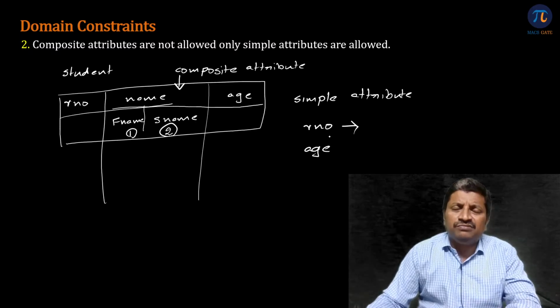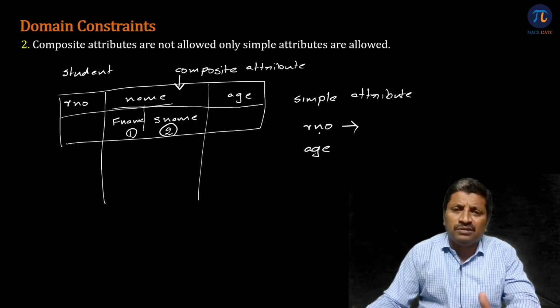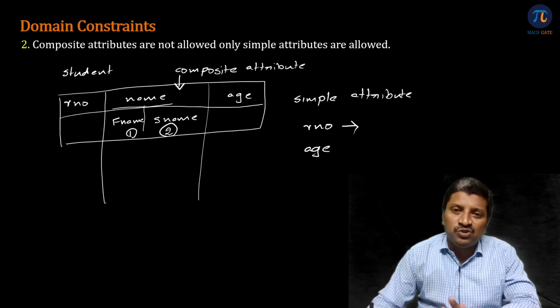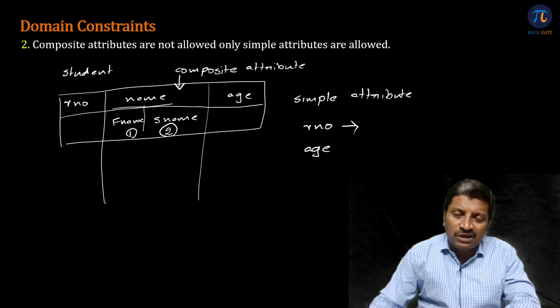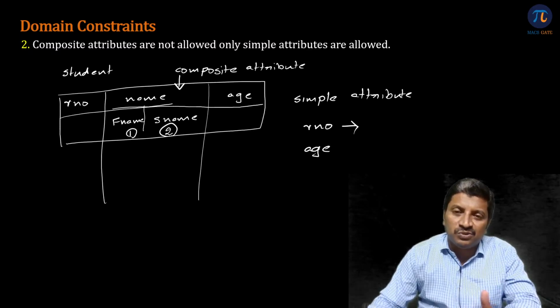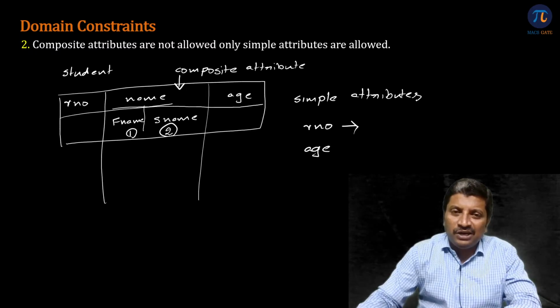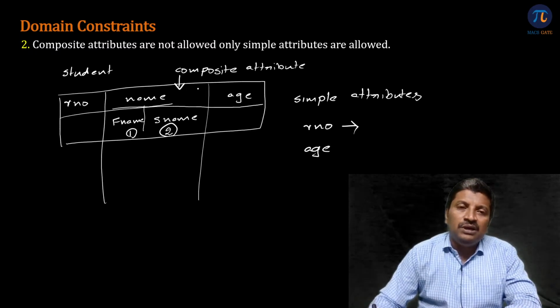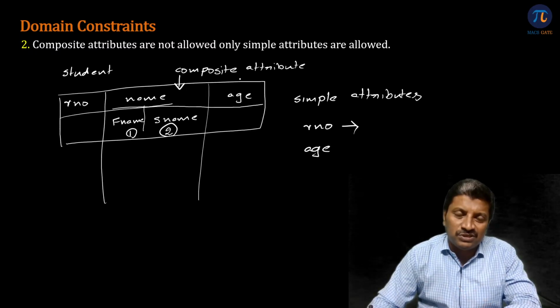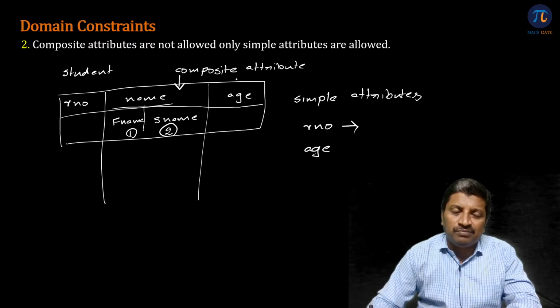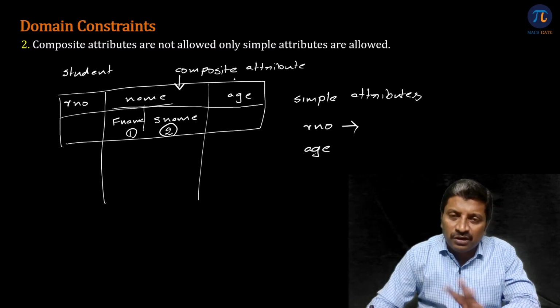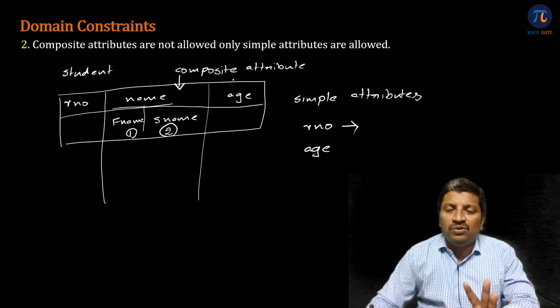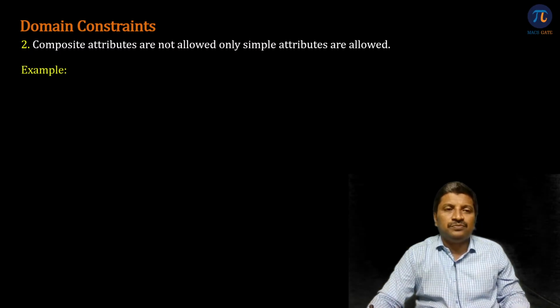What is your age? 40, 30, 20. It is also indivisible. So the attributes which are indivisible are called simple attributes. The attributes which are further divisible are called composite attributes. So when we create a relation, composite attributes are not allowed. We can only allow simple attributes.